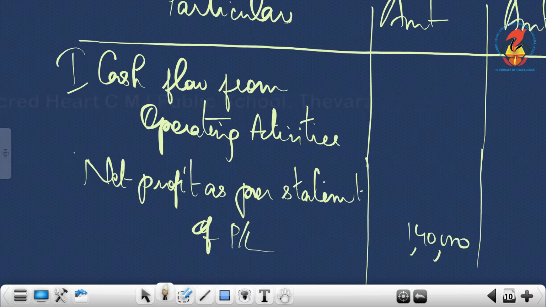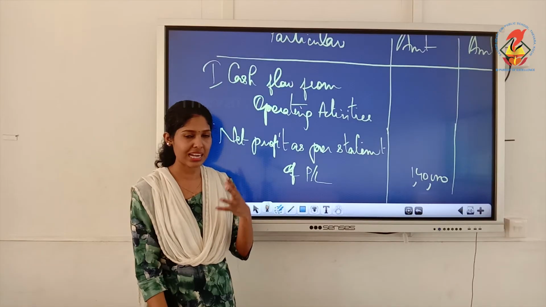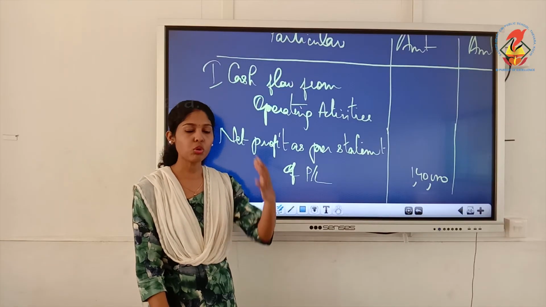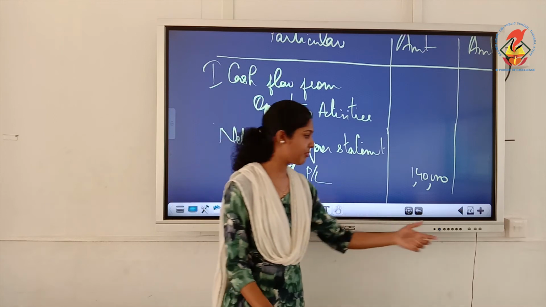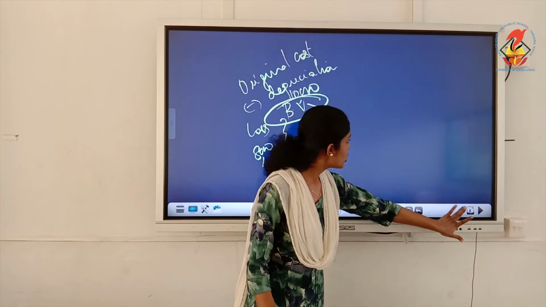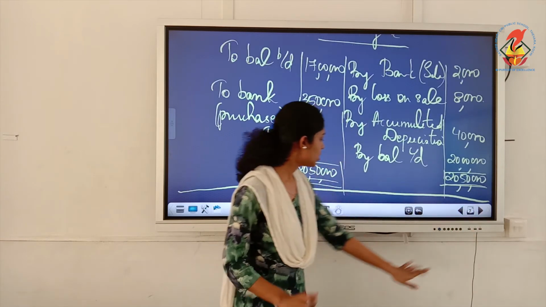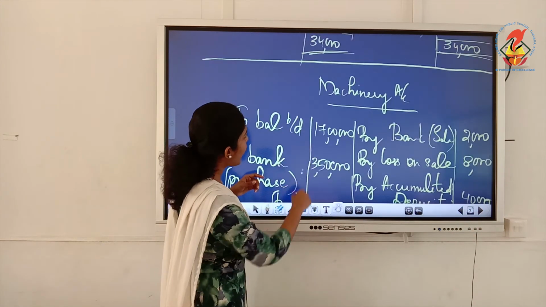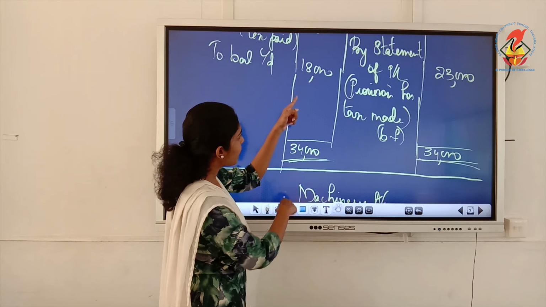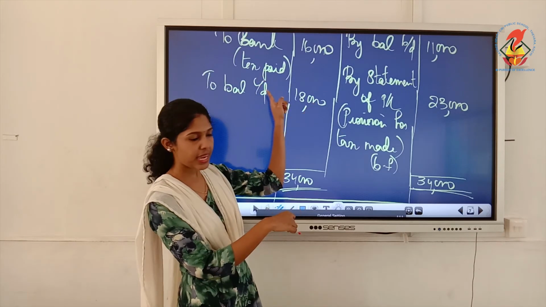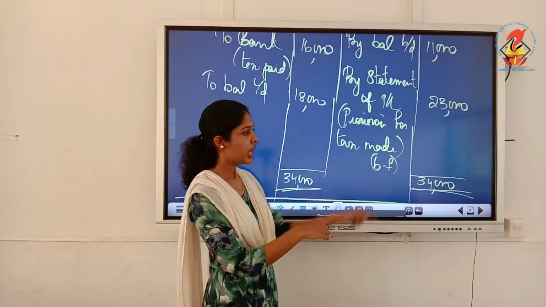Certain items to be added back. What you have to do first, if you have prepared ledger accounts, it's better to go through ledger accounts first, then we will refer to the balance sheet items. So in the ledger accounts, start with the provision for tax account. Inside provision for tax, you have this tax made and tax paid. Tax made, now we have to add back.